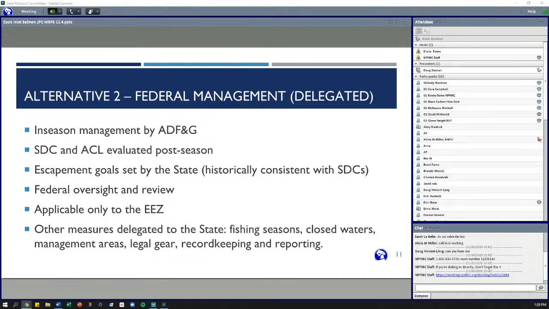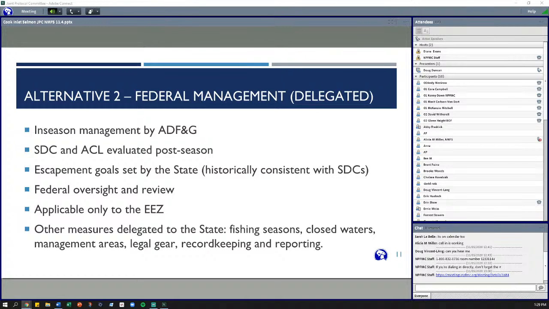Analysis comparing the application of these federal annual catch limits to state management using escapement goals found that they were consistent with each other. So we'd expect that the state would continue to use their escapement-based management under Alternative 2, as long as it continued to be consistent with the status determination criteria.